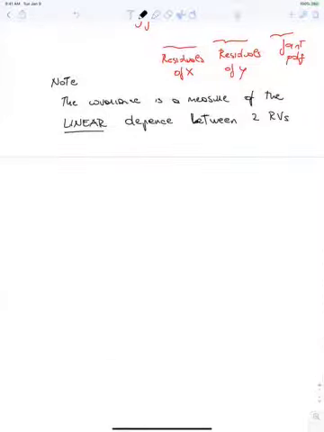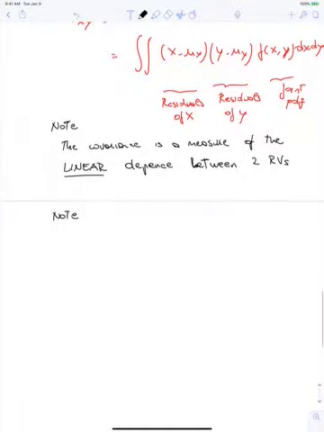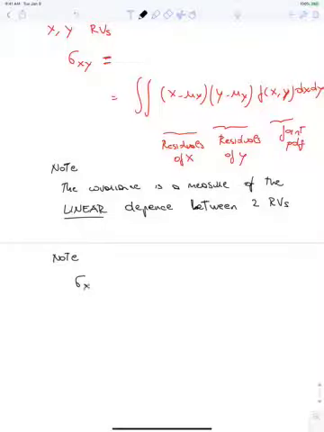Now, if we take the covariance of a random variable x with itself, then we get the variance. So if we take sigma xx, this is the double integral, well, we're only integrating over x, of course, of x minus mu of x squared times the marginal distribution of x.